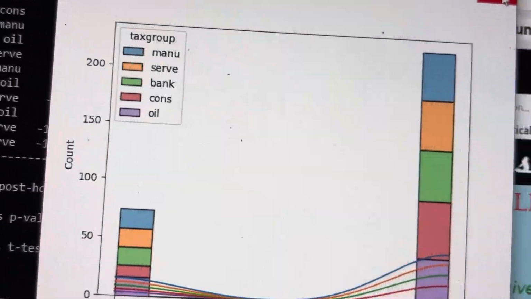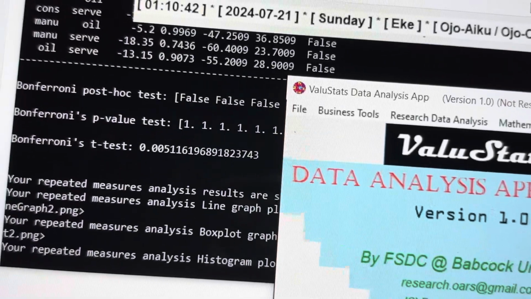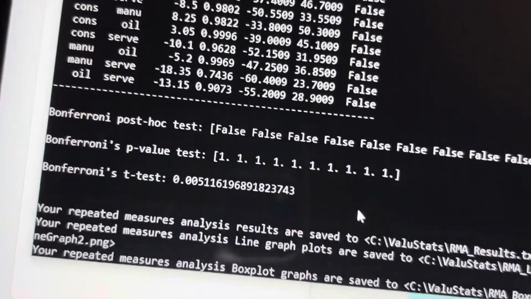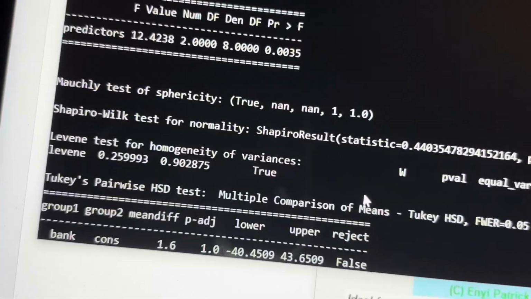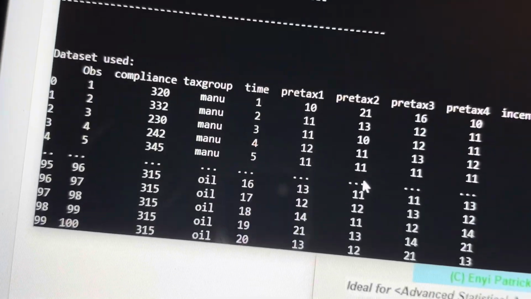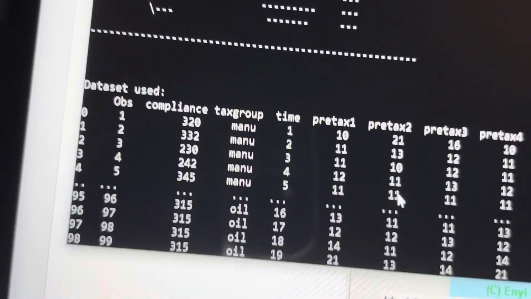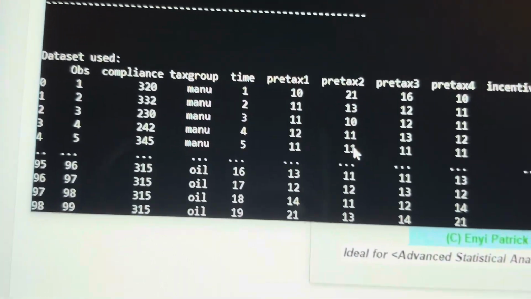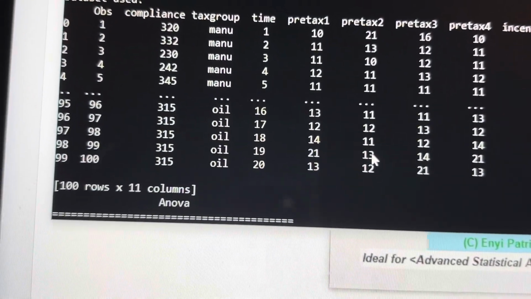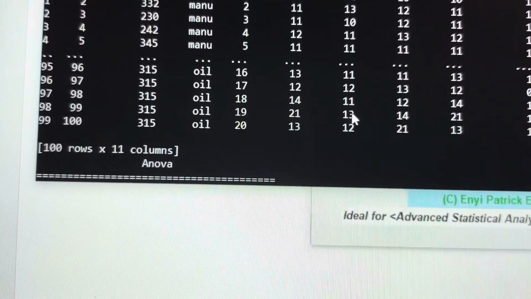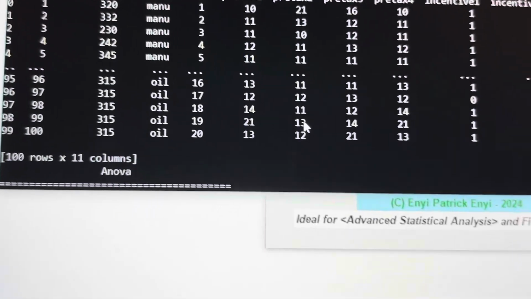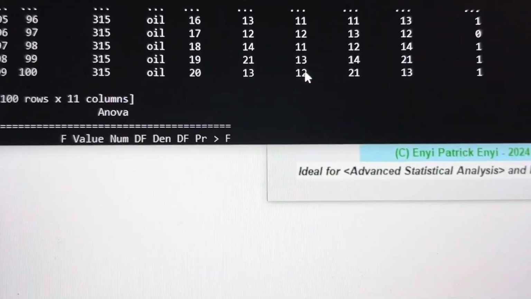So let's now look at what happened here. You can see this is a very full one, starting, of course, from the VSP, the data set used. You can see that it cropped it because they have 200 observations, showing only the first 5 and the last 5 observations.